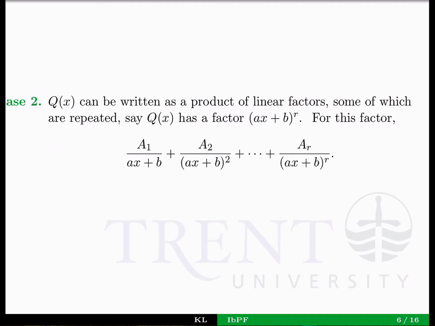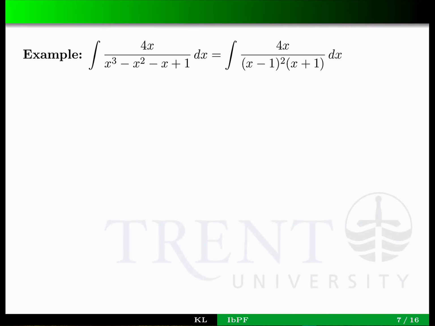In order to understand this, let us consider this integral: the integral of 4x over x cubed minus x squared minus x plus 1 dx. Again, I have already factored the denominator.